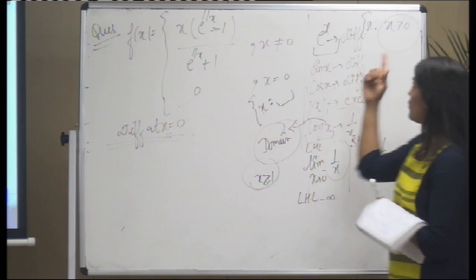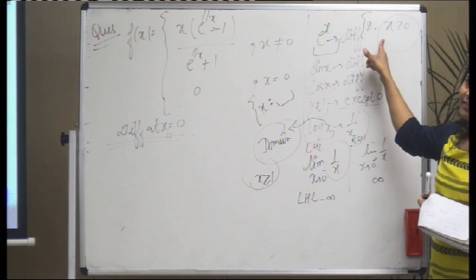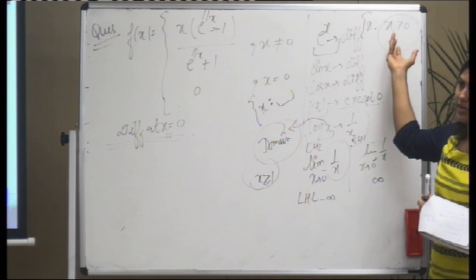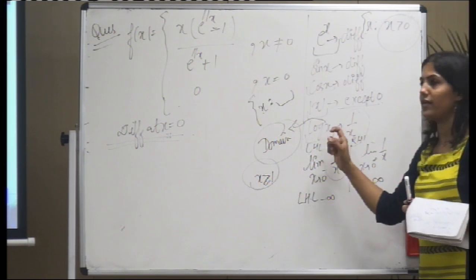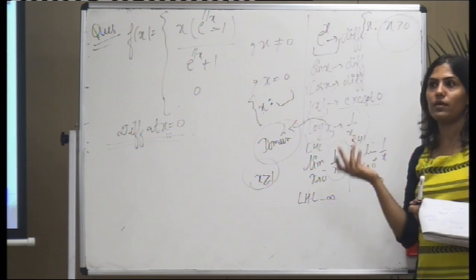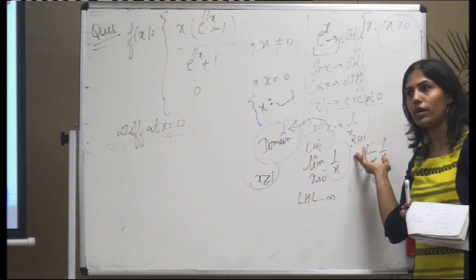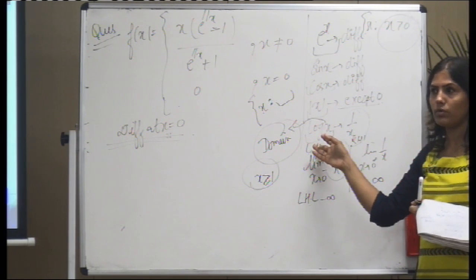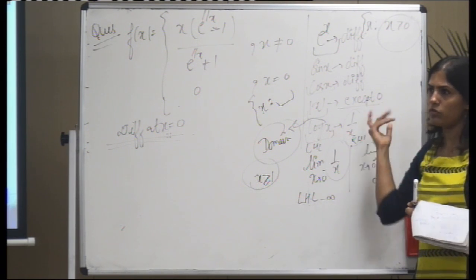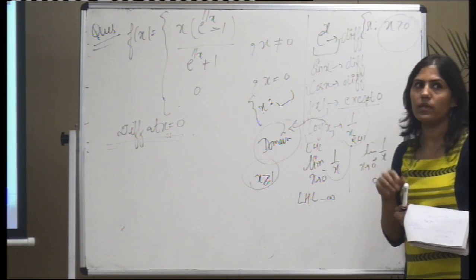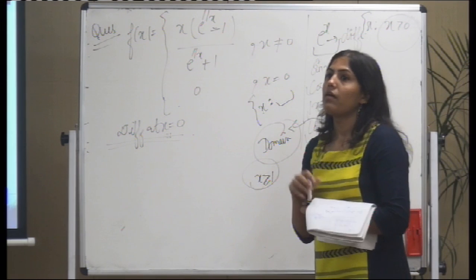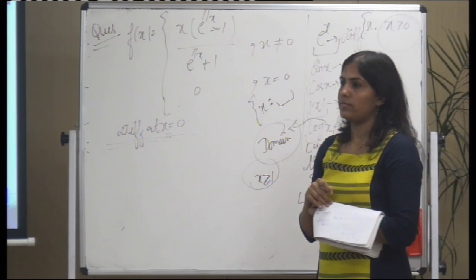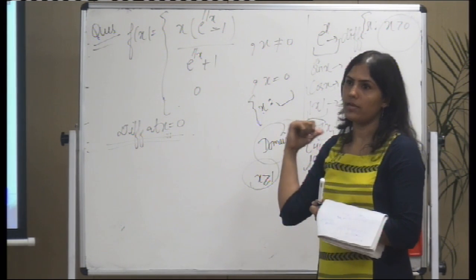In the domain 0 is not there. 0 is the only problem, but 0 is not lying in the domain, so there is no contradiction. We cannot check differentiability at 0 because 0 is not in the domain. We check differentiability and continuity at domain points only. That is the condition. I hope it is clear now.